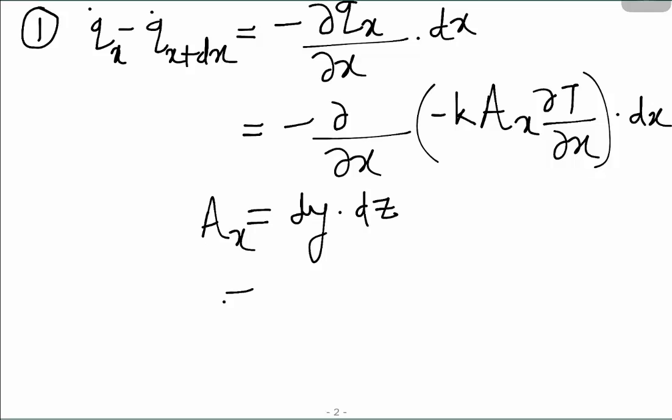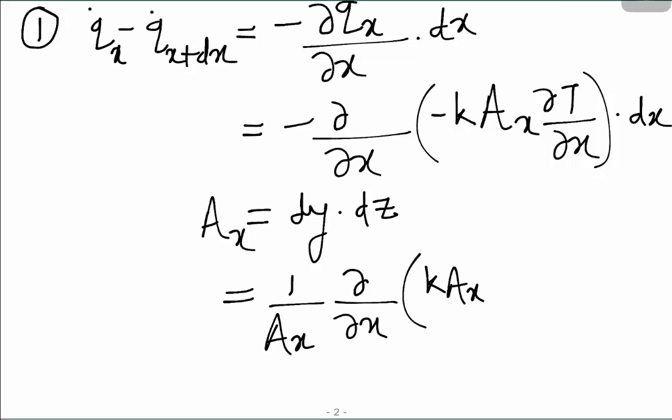So I will multiply and divide the equation by Ax, and the equation will become plus 1 upon Ax into dou by dou x of K Ax dou T by dou x into Ax into dx, which will become dV, which is our differential volume.